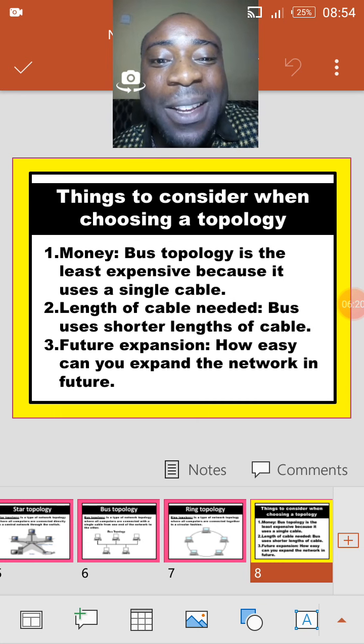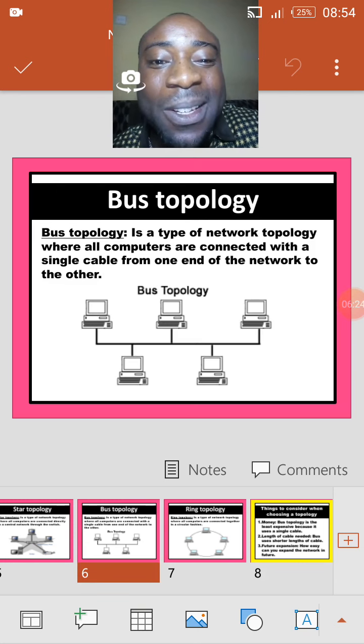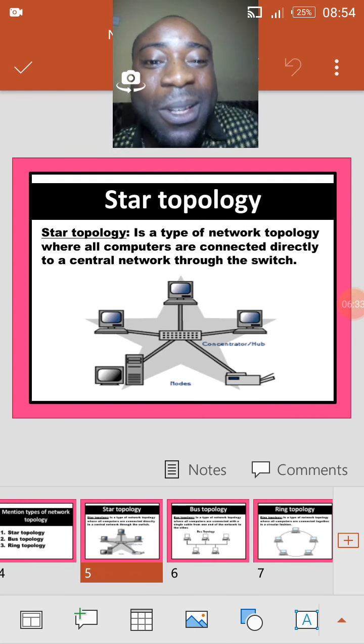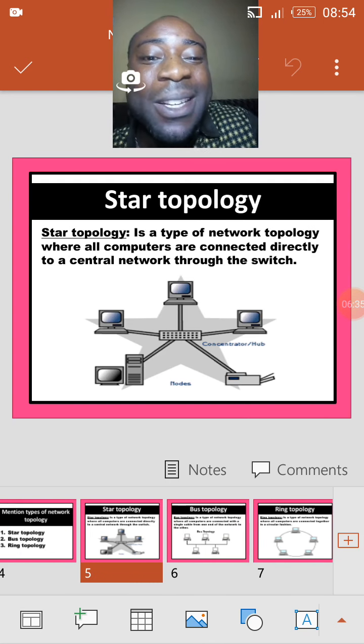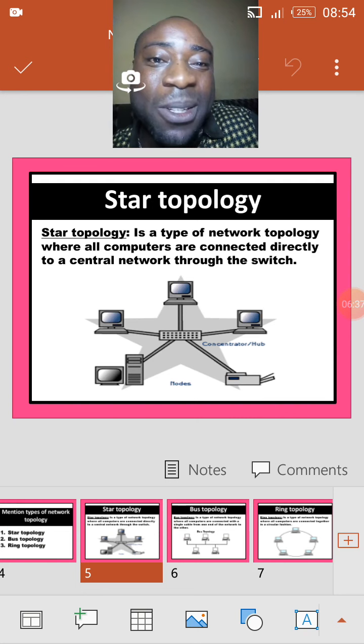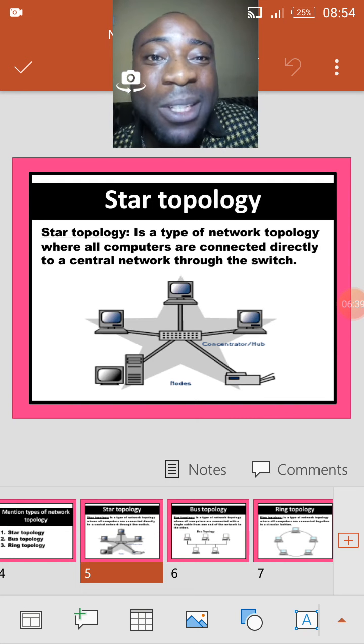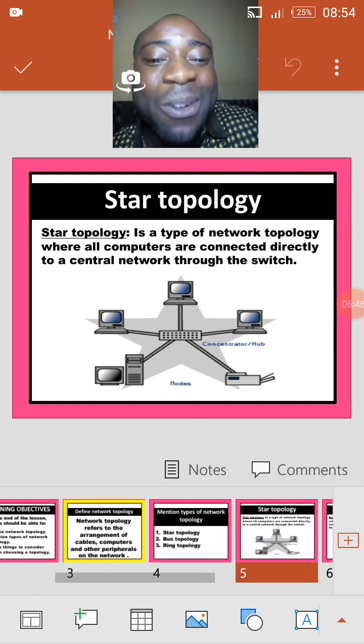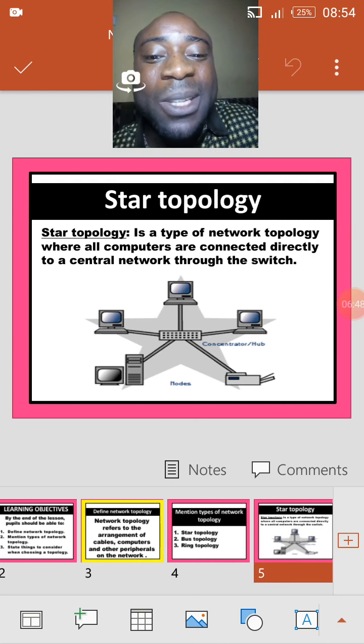We can easily expand a bus topology, because you only need to add another cable and connect it. Unlike star topology, because it has a switch, so you may need to get a bigger switch when you want to connect more. So those are the things we consider before buying or setting up our computer lab.